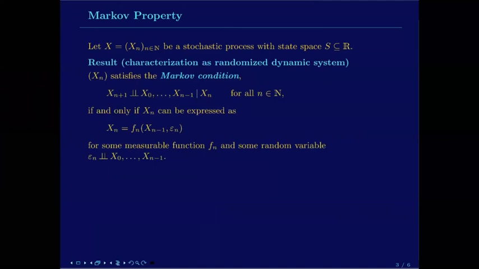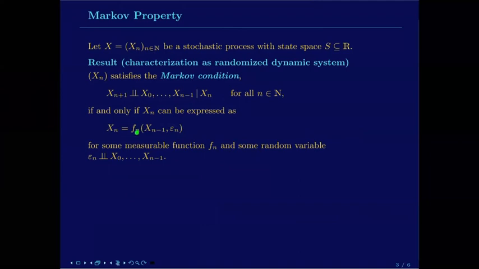Now, in order to prove that a process is a Markov chain, the following characterization as a randomized dynamic system is very helpful. So the stochastic process here satisfies the Markov condition if and only if Xn can be expressed in this form.